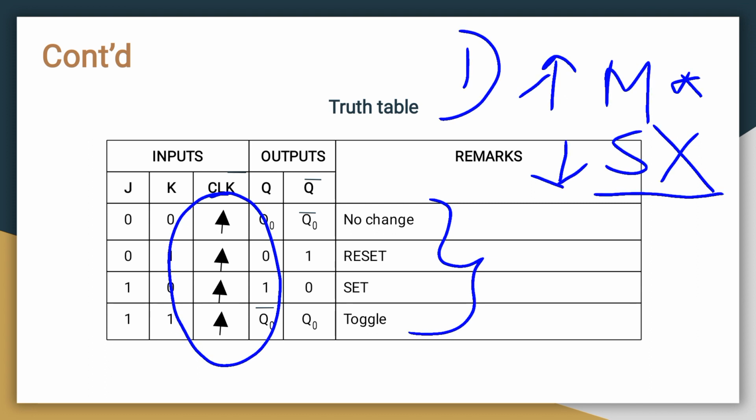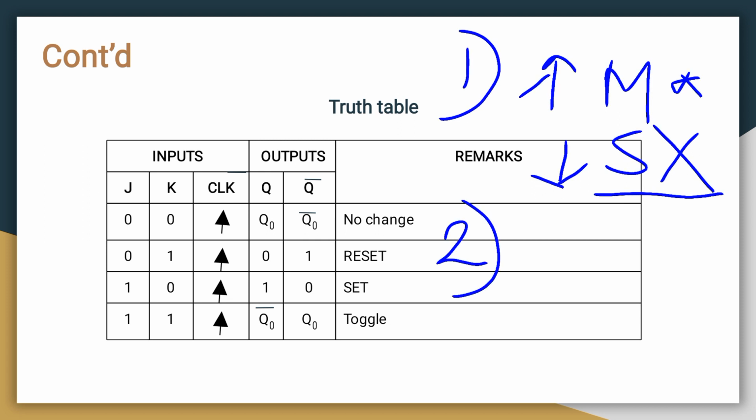For the second condition, at the falling edge the master is disabled because there is no truth table for the falling edge.